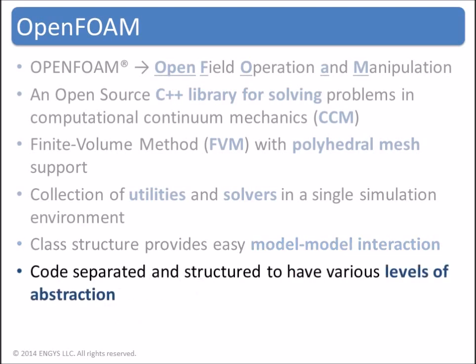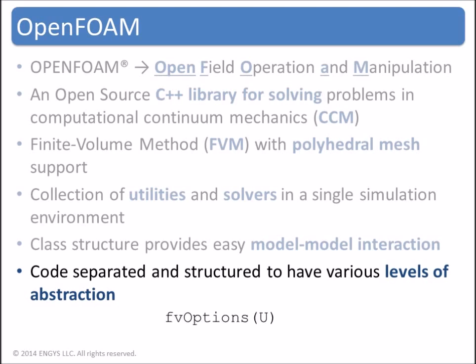Next, the code is separated and structured to have various levels of abstraction. So different components of OpenFOAM can be worked on separately. They can depend on each other, but they're compiled separately, so that when you change one thing, the entire library doesn't have problems.